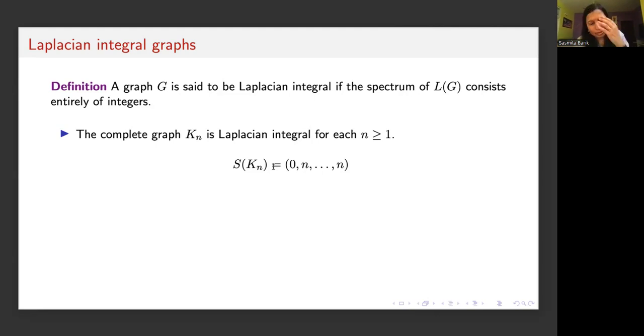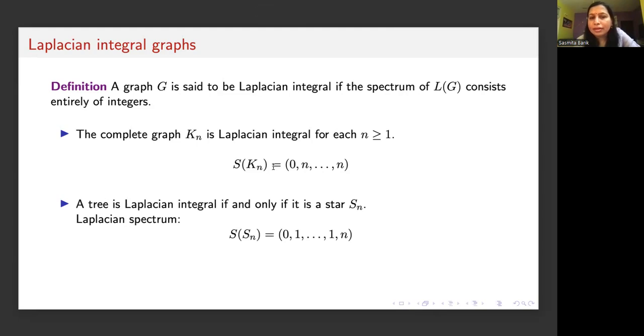Because this integral spectrum problem is more interesting in the Laplacian case. If you observe the tree case, the problem is solved. A tree is Laplacian integral if and only if it is the star, and the spectrum is this. So in the tree case, the problem of characterizing all Laplacian integral graphs has been solved already.